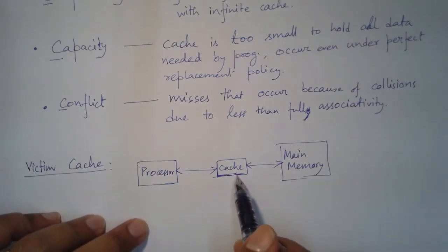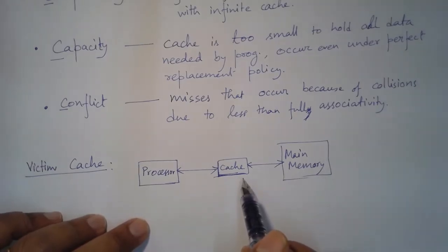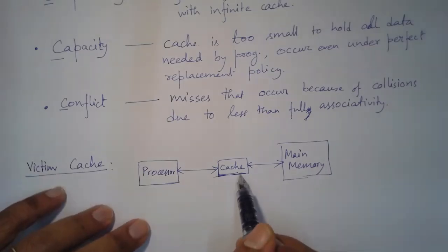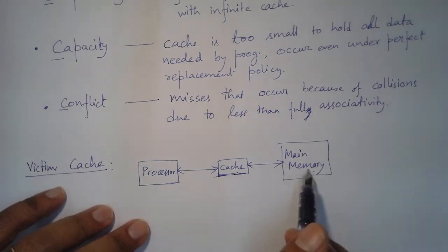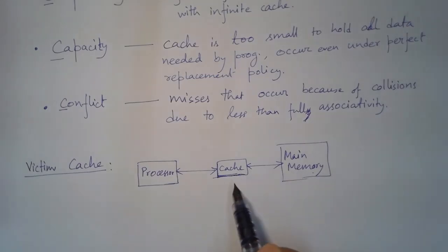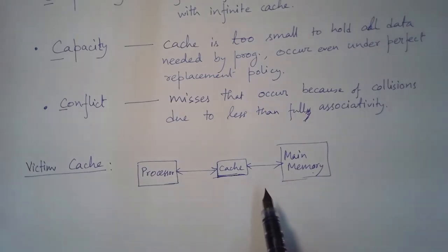Now, the block which you are evicting, typically we have understood that we will be evicting that block into the main memory. If there is some update, we will be updating that in the main memory, and then we will get rid of that evicted block. But we have seen that there is something called conflict miss.